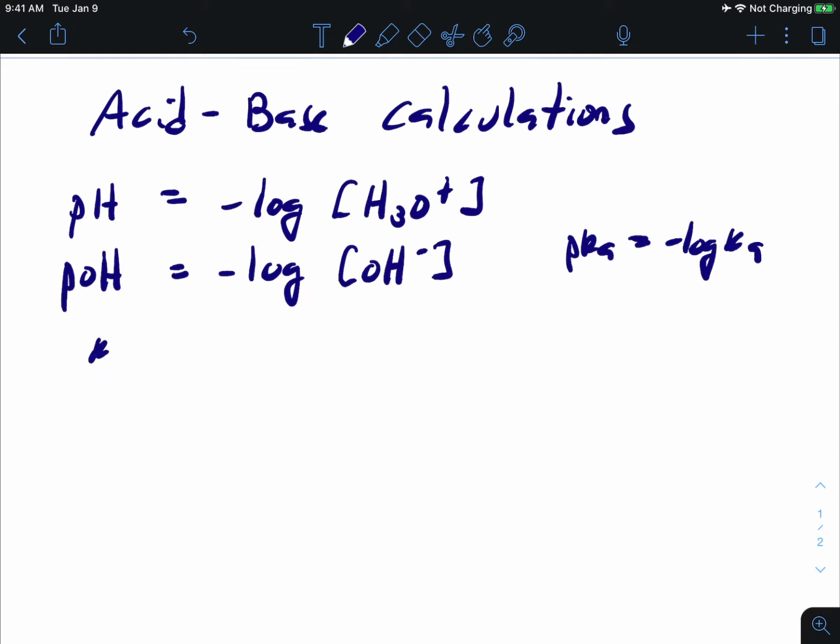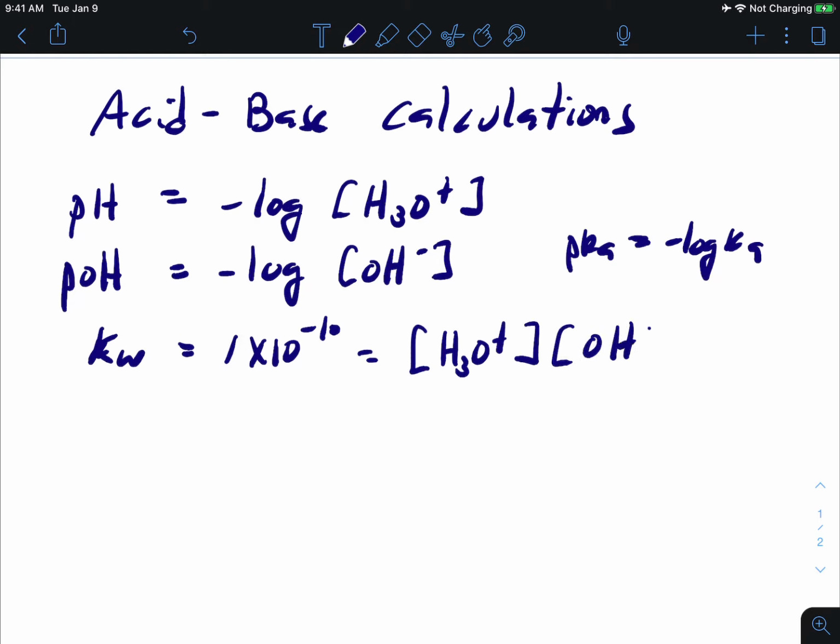And of course the Kw is equal to 1 times 10 to the minus 14. This is the equilibrium constant, so that is constant. It changes with temperature. And we know that it is equal to H3O positive times OH minus.